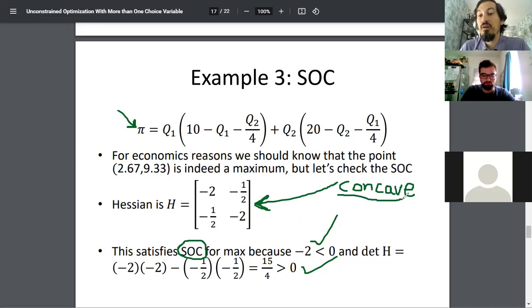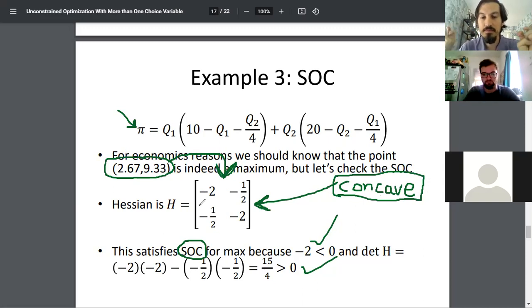And we can go even further and say it's a global max because the function is concave, because the Hessian satisfied these same properties, meaning that it satisfies the properties for all Q, not just for the one we plugged in, which we didn't even need to plug in. If we had plugged it in, we could say it's satisfied for that point. But if we wanted to say it's concave, we need to show that it's concave for all points, for all Q1 and all Q2. That's the difference.